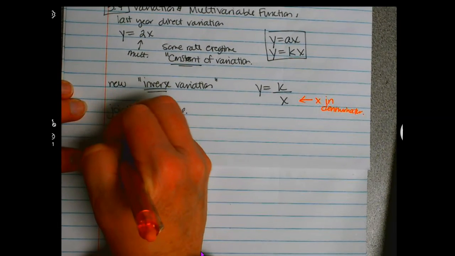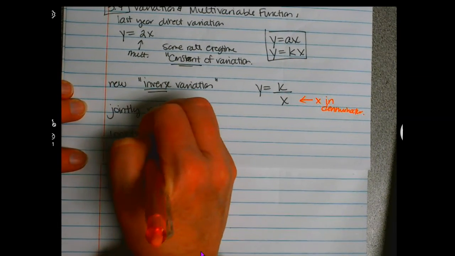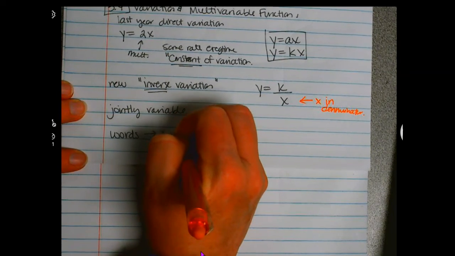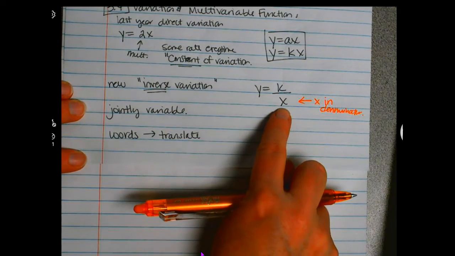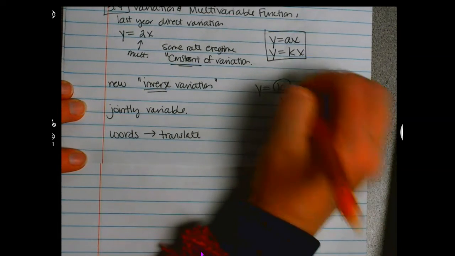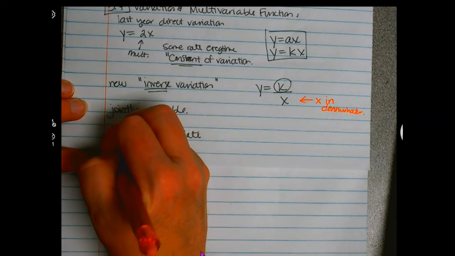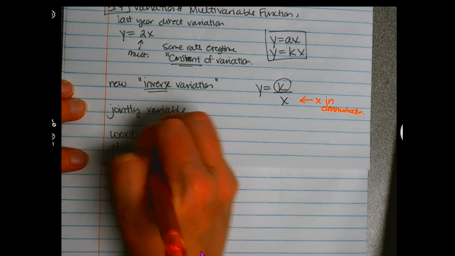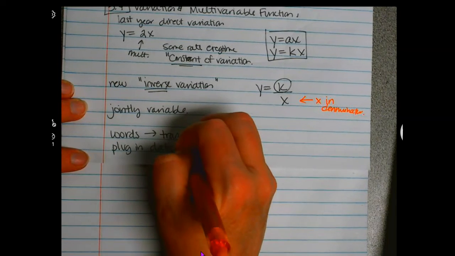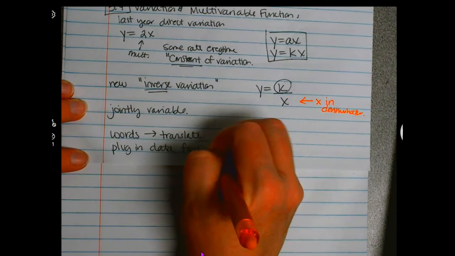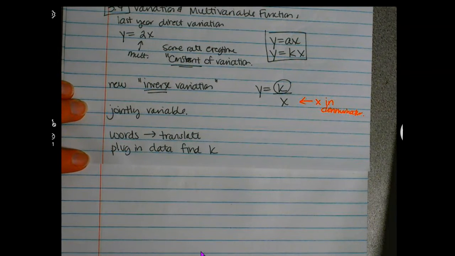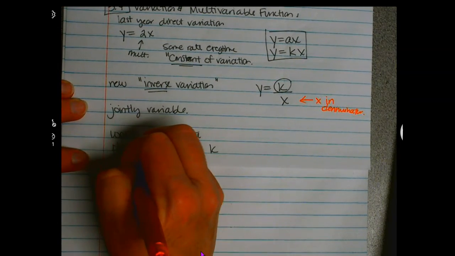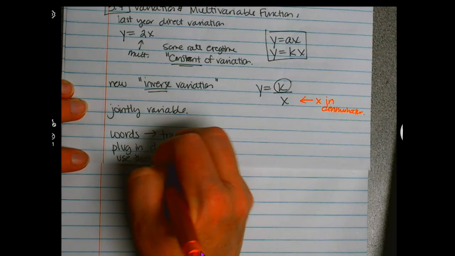They give you the words, which you translate into either multiplication or division with this constant, and then you plug in some data to find k or a or whatever the constant of variation is, and then you use that for more data.